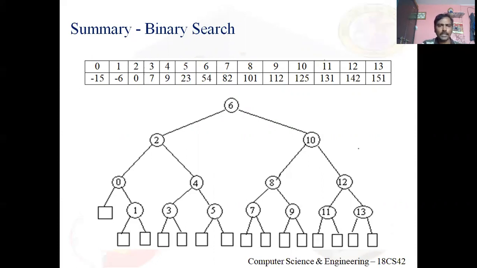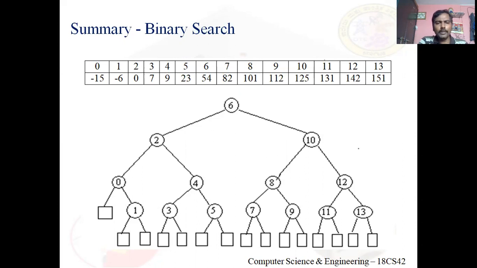So on the left side of 6, there's a sub-problem with the range of indices 0 to 5, of which the mid is 2. So I made 2 the left child node of node 6. Similarly, on the right side, the range of indices is 7 to 13, of which the mid is 10.